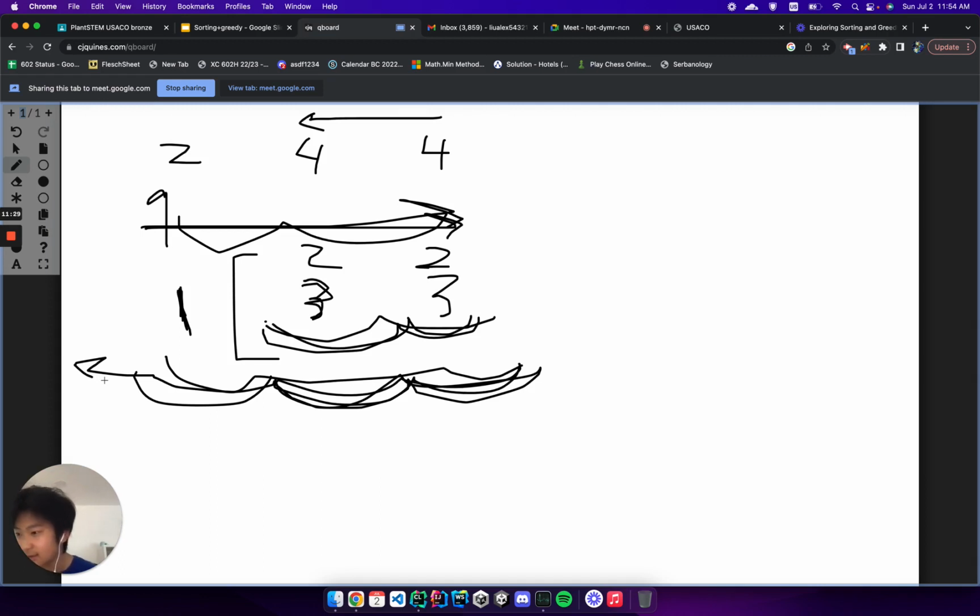So does this make sense? Sorry, the beginning was a bit weird. I think I read the problem wrong, I guess. But does this algorithm make sense? Okay.